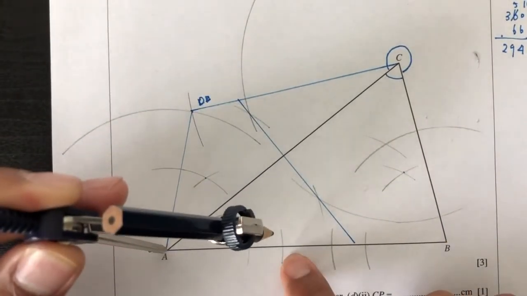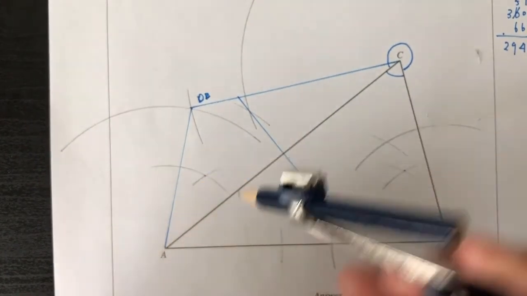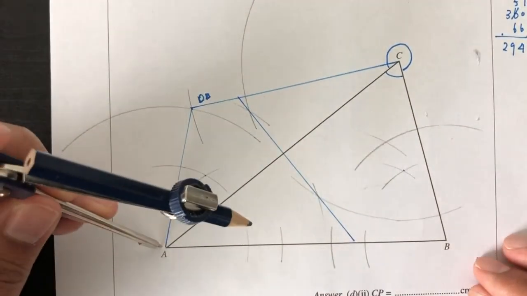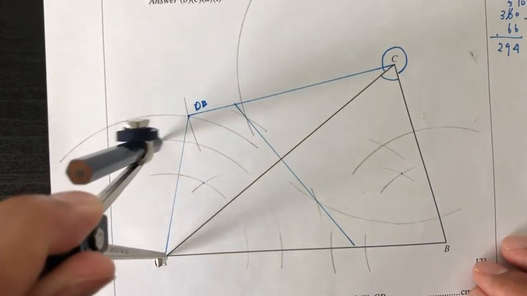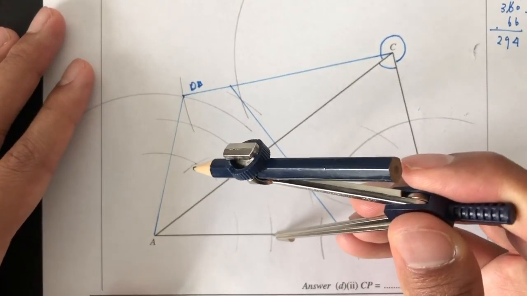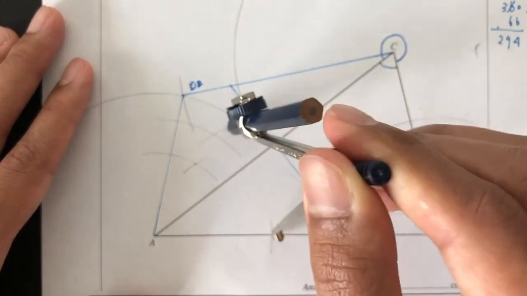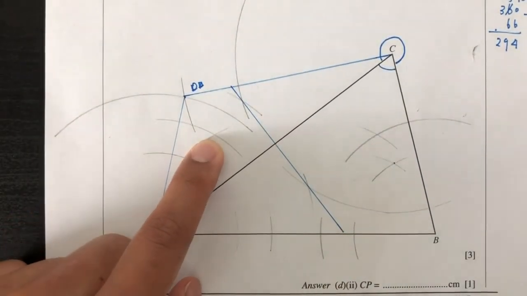Go to your point A and then do the same step. Cut the line AB. Then with this arc, so we have to draw another arc here. So with this same, draw another arc here. And then with this point here, we have to cut the arc. As you can see, we have a point here and a point here, right?